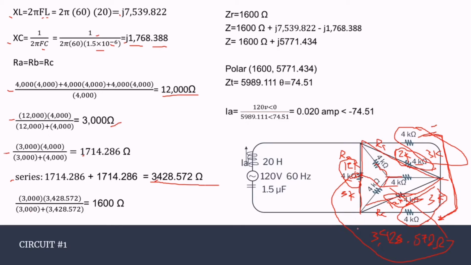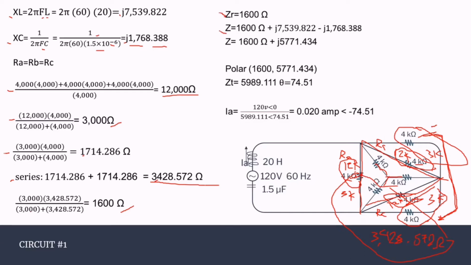So we're going to use the parallel formula. So 3K times 3,428.572 over 3K plus 3,428.572 is equal to 1,600 ohms. 1,600 ohms will be the value of our ZR.